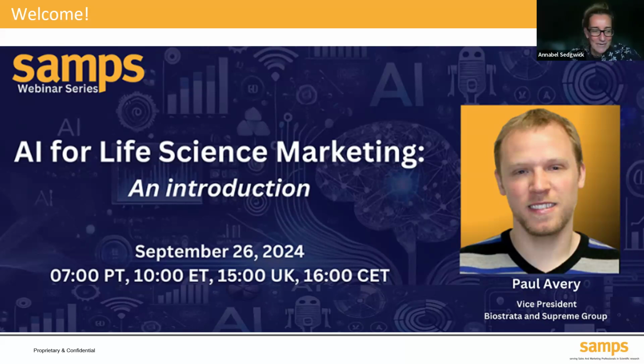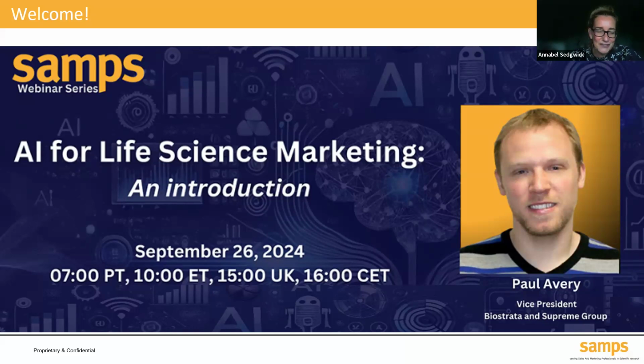Okay, I think we're on 1 minute past, so let's kick off. I'd really like to welcome Paul Avery from BioStrata and Supreme Group on behalf of SAMPS, who's going to give us a cracking presentation about artificial intelligence for life science marketing. It's very much a beginner's guide. Paul has delivered this kind of thing before.